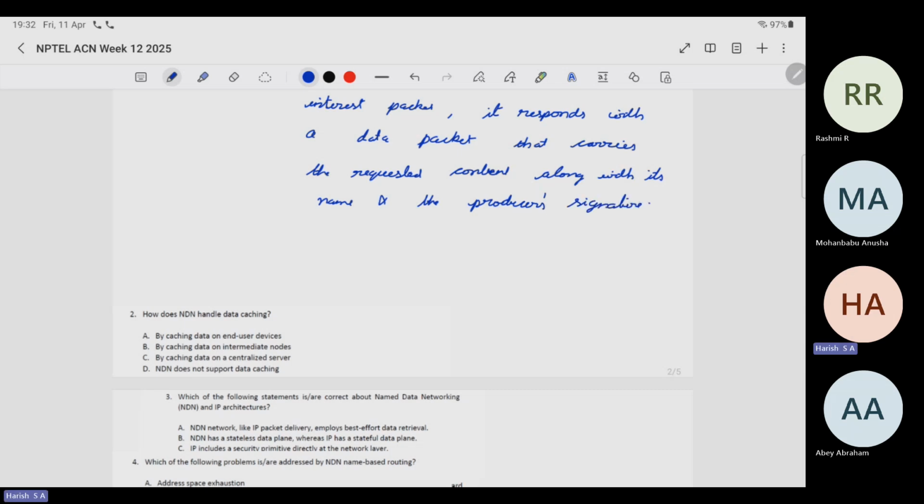These signatures establish the fact that it has originated from where it actually claims to have originated from.